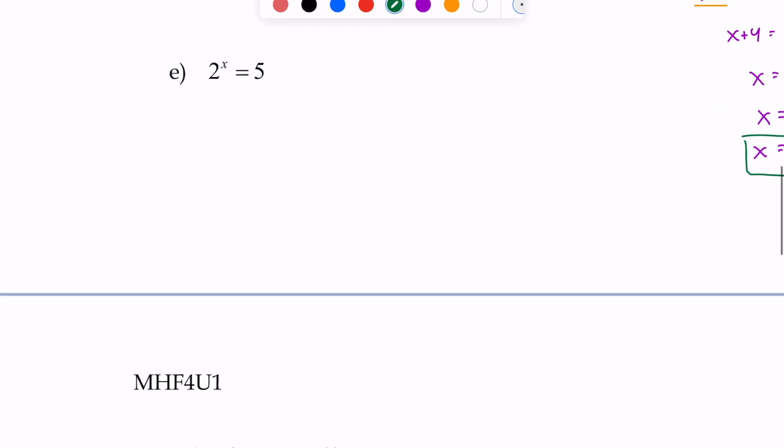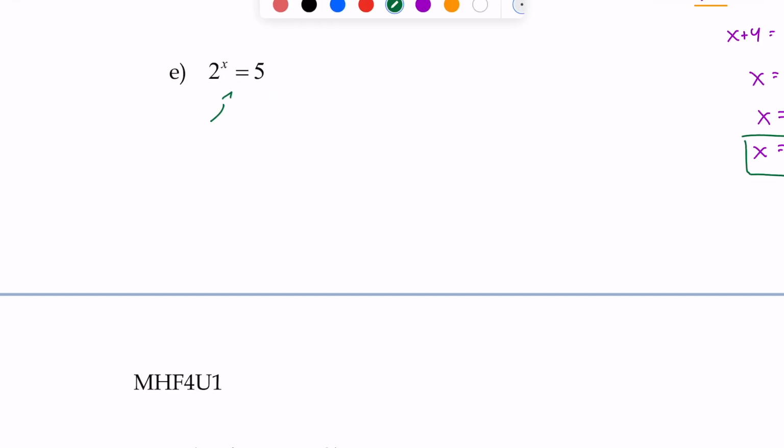But 2 and 5 are prime numbers. They're not factors of each other. There is no way to turn either one of those into a base of each other. There is no way to turn 5 into some sort of base of 2, like 3.2 or something. It just doesn't work out nicely.